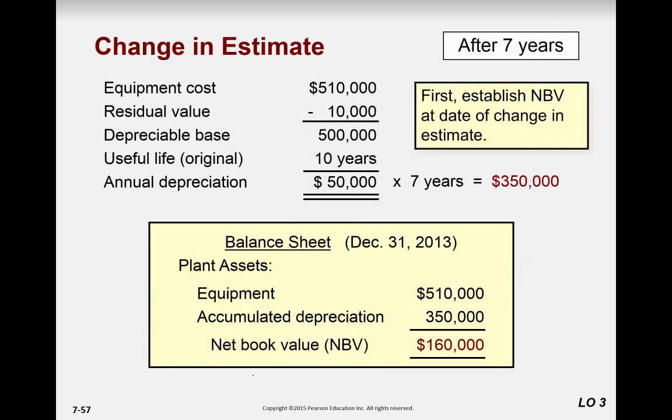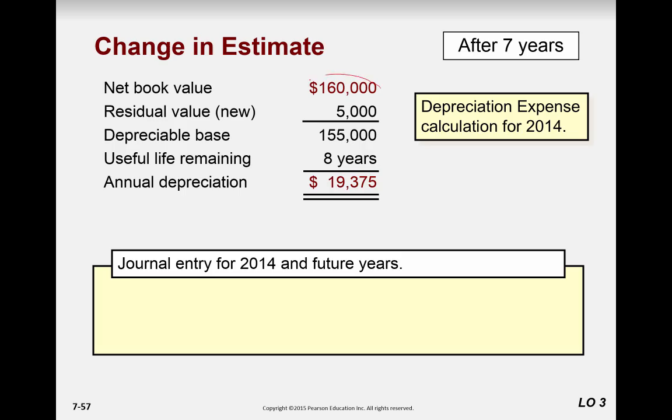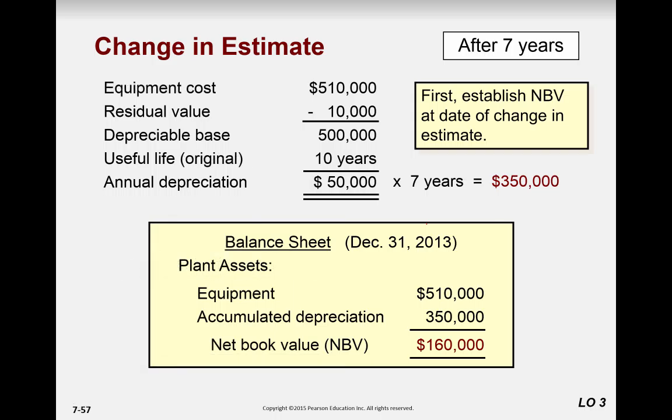As you can see, after 7 years we had $350,000 of accumulated depreciation, so we take that out. And then we have $160,000 left, and that's what we're going to use, with a new residual value of $5,000. So you don't change what happened going forward. This is what we had as of December 31st, and it does not change.